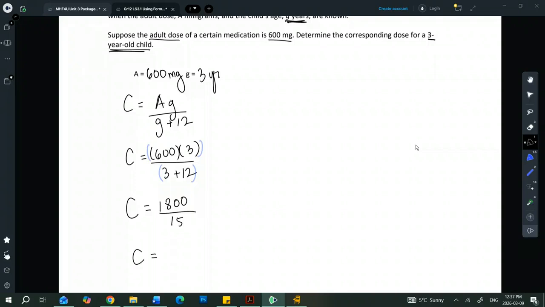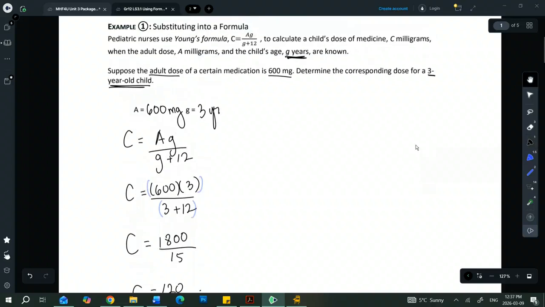Take a second, plug that into your calculator. Perfect. So 120, and what does C represent in this case?